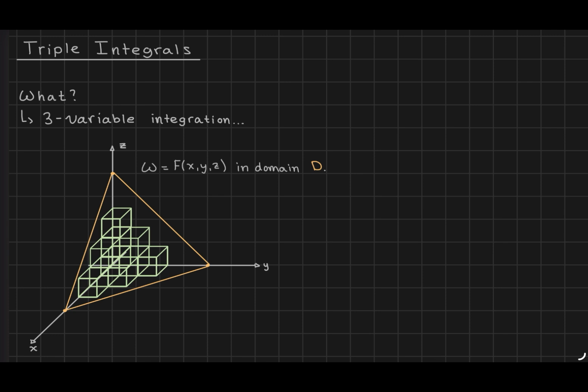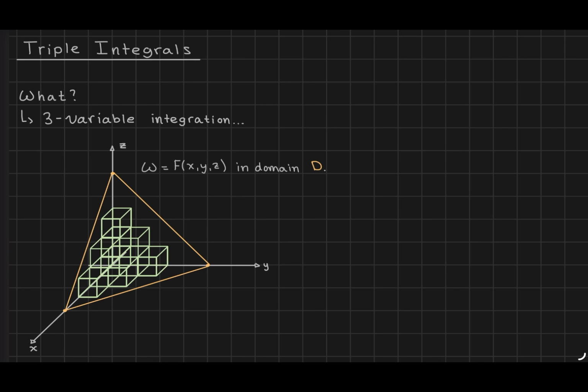Unfortunately, I didn't do too much research on how to graph four dimensions. Perhaps we might add color and sound at specific points, but I digress. This domain D is really what we're going to be worried about here. So that's modeled in this orangish color.